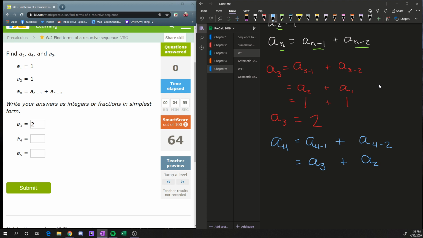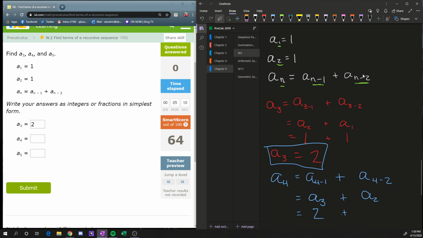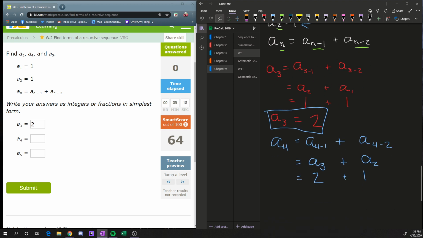Again, which we know. So we knew the second term, and we just found the third term. So A3, that's back up here. That's 2. And A2 is right there. So the fourth term then is 2 plus 1, which is just equal to 3. Questions about how I got everything in blue?